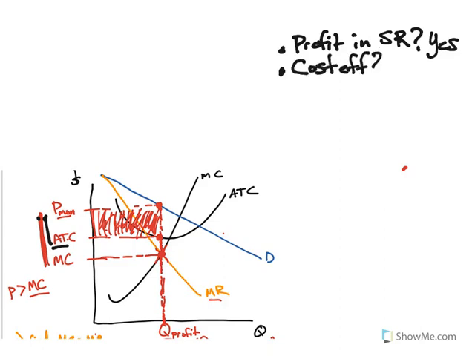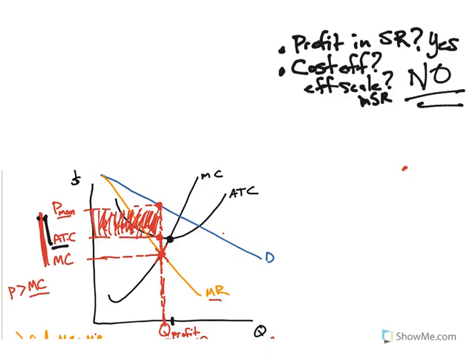Or in other words, are they producing an efficient scale in the short run? And the answer to that is no, right? So this point here would be the efficient scale for this firm, but that is not what they are producing, right? If they're not producing that quantity, they are not producing efficient scale.